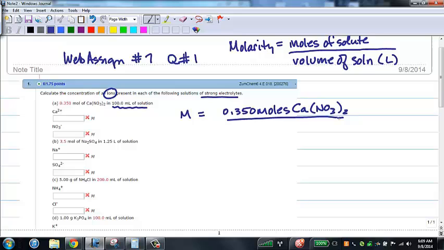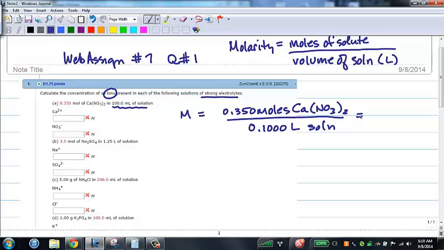And we need to divide that by the volume of the solution. But the volume of the solution has to be in liters, and they're giving it to us in milliliters. So we need to make that conversion between milliliters and liters. So we need to divide that by 1,000. 100 divided by 1,000 is 0.1. So we have 0.1 liters of solution.